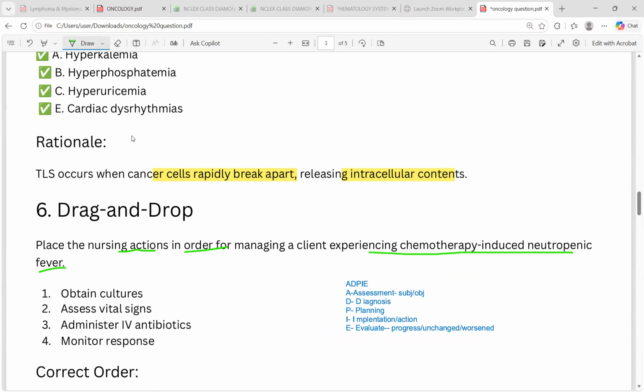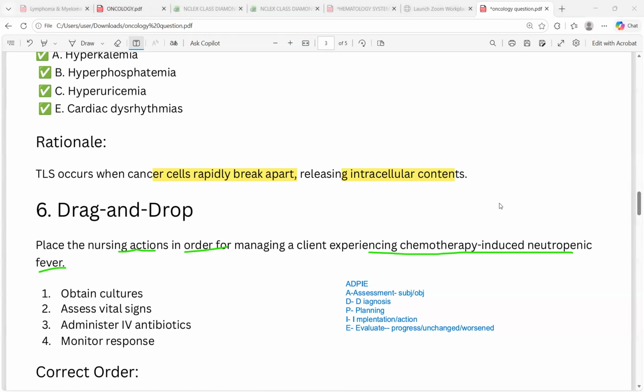Using the strategy, both of you can try and put your answers in the chat, and we can check. Assessment, diagnosis, planning, implementation, evaluation, apply this tool to the given four options and give me the order. Put your answers in the chat.